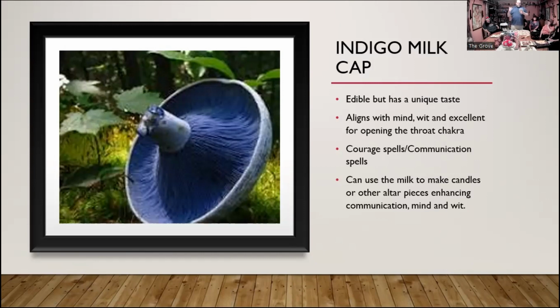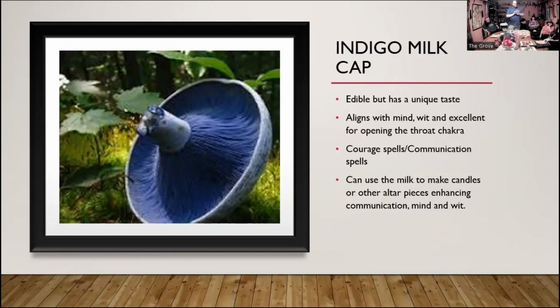If you drain the milk from it, it can be used for candles with the same intentions for the throat, mind, wit, intelligence. You make the candle out of milk? The milk of the mushroom. My understanding is you'd be able to strain it and use that to go ahead and make the candle.